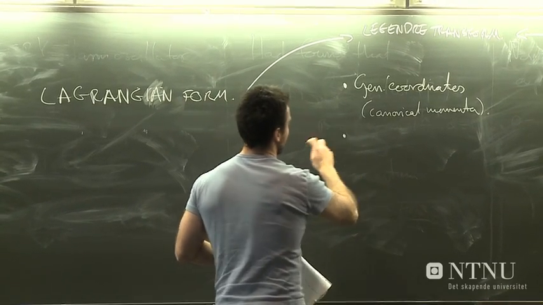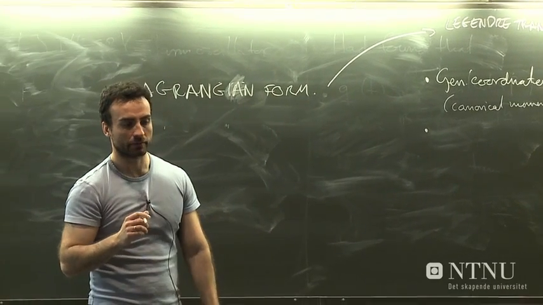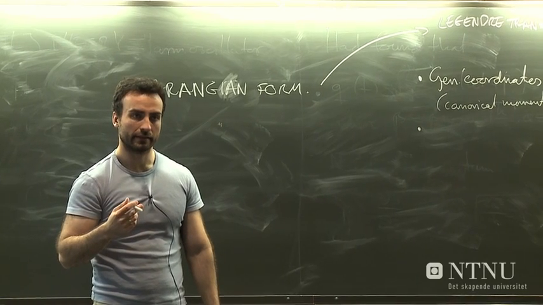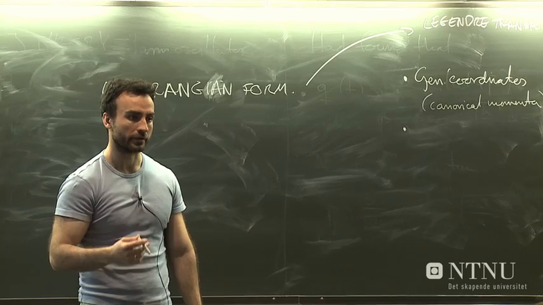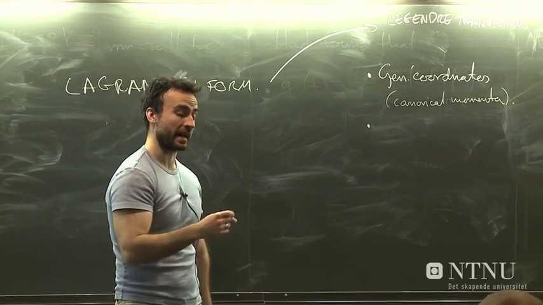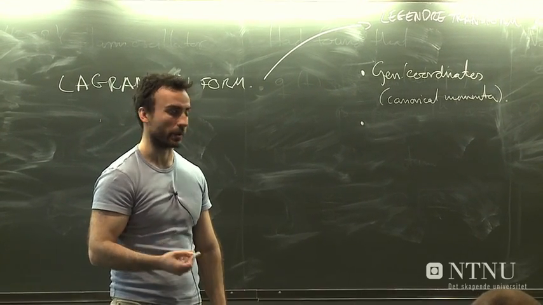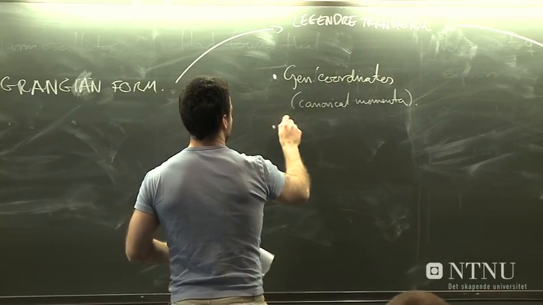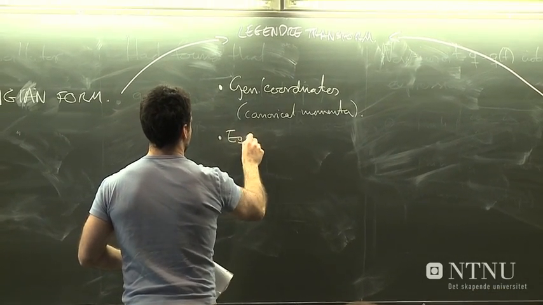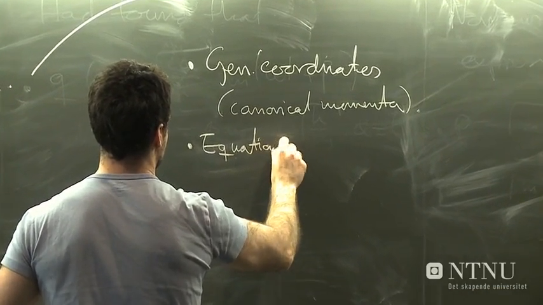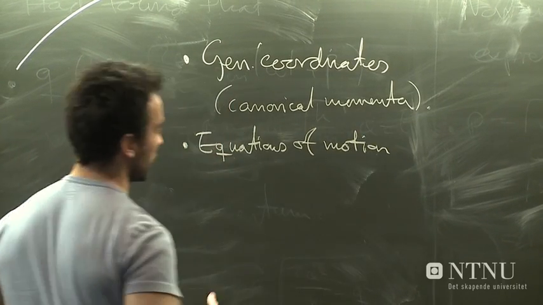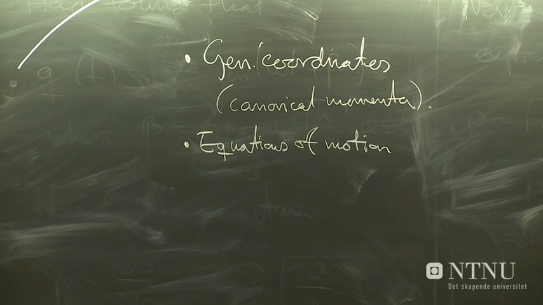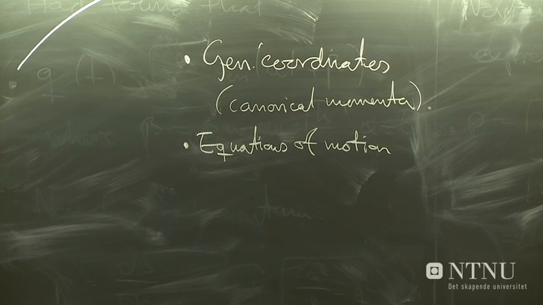And another common feature of these two formalisms is that we're ultimately interested in some equations of motion in order to identify the time dependence of the quantities that we want. So we have the Lagrange equations on the one side and we have the Hamilton equations on the other side.